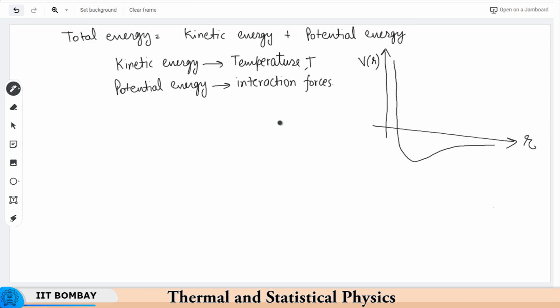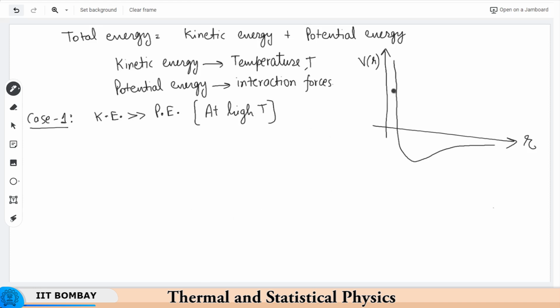And so case 1 can be when your kinetic energy is much greater than potential energy. You can already imagine this will be true at very high temperatures.